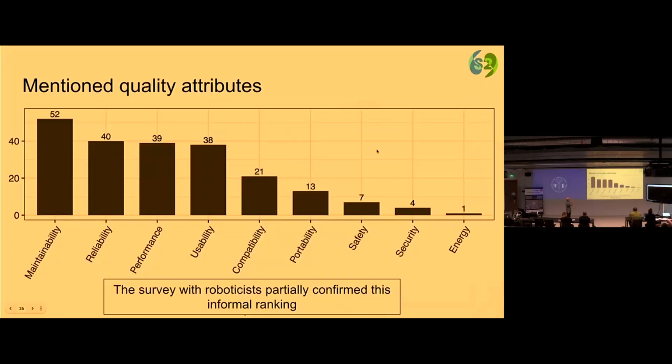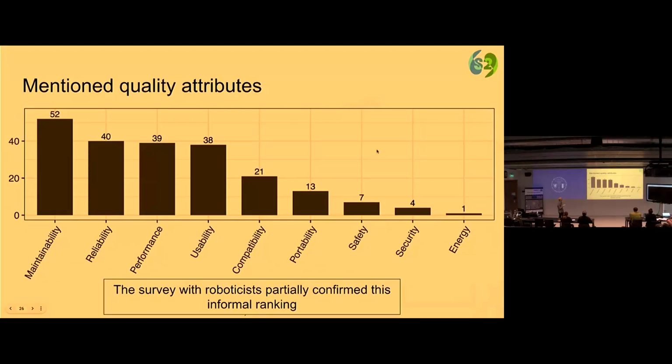While we were looking at the documentation, we were also looking at how quality attributes or non-functional requirements, as described this morning, are at least mentioned by the contributors of these repositories. And here we have maintainability as a winner, followed by reliability and performance.